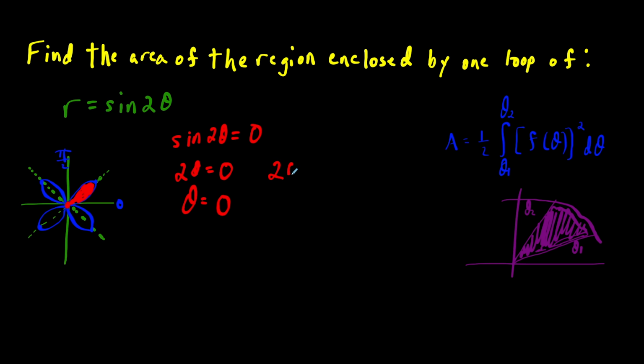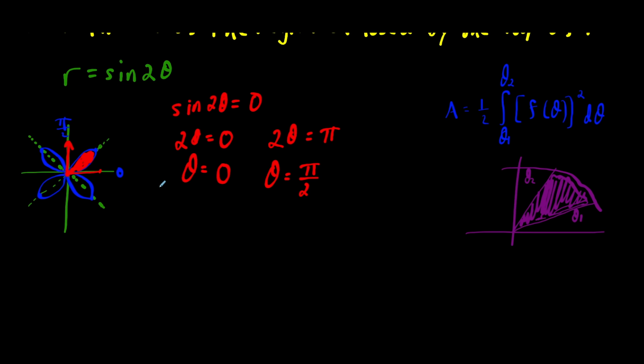So if we set the argument equal to pi, we would also have theta here equals pi over 2, which shows the two angles that we're interested in. Because between theta equals 0 and theta equals pi over 2, we have one loop. So when we want to use the formula, in a sense, this is theta 1 and this is theta 2. So we just found the two limits of integration here.